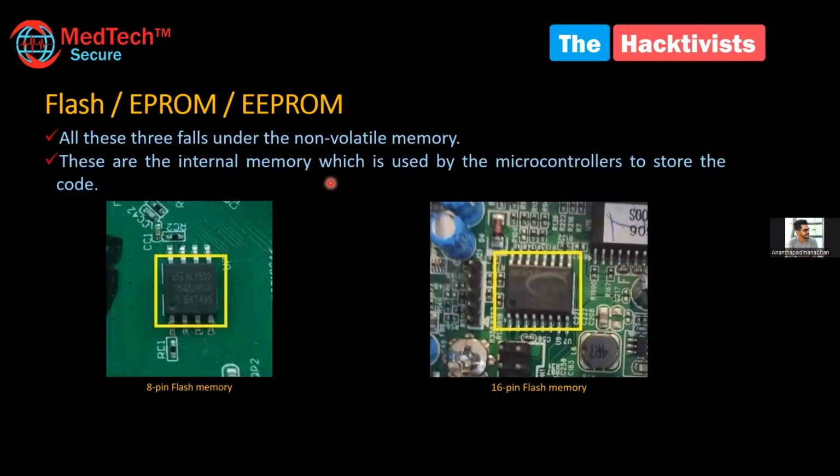Flash, similar to the microcontroller, comes in different pin sets. In the slide, you can see an 8-pin flash memory and then a 16 pin flash memory. Similar to the microcontroller, depending on the device, if it is a hardware device with minimal functionality, or a small device, it doesn't require a huge flash memory.